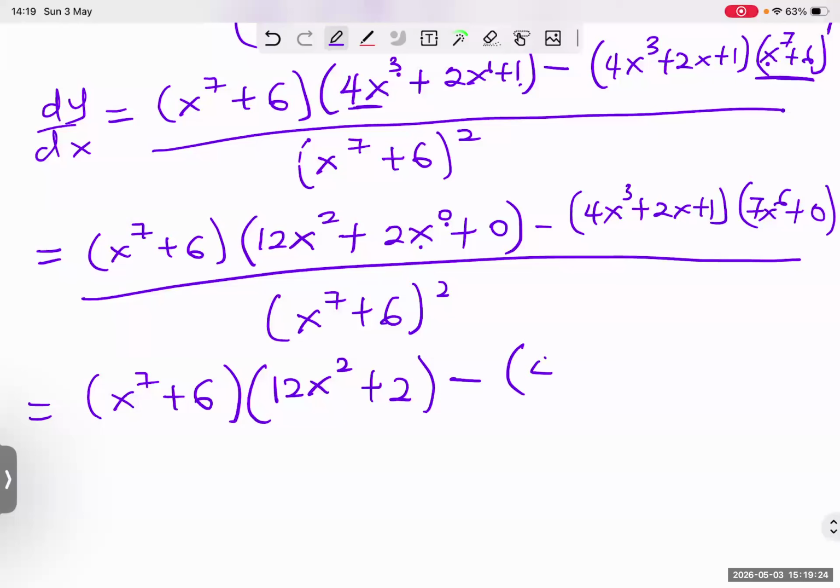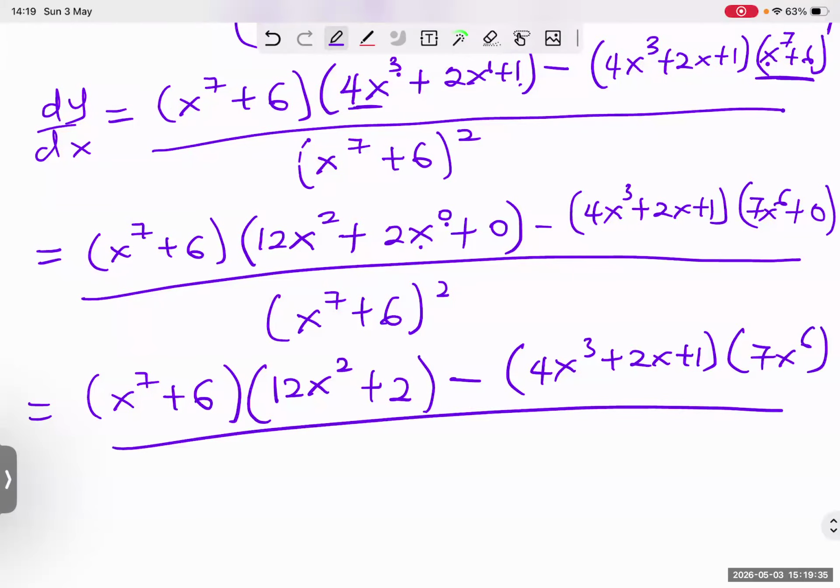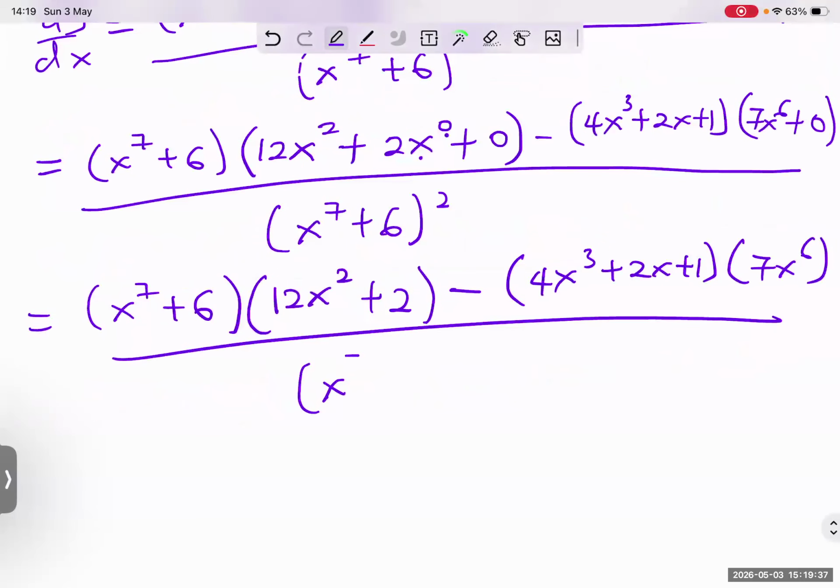Minus my 4x cubed plus 2x plus 1 into brackets. I have 7x raised to the power 6 all over x to the power 7 plus 6 all raised to the power 2. You can decide to leave the answer in this form, or you can decide to simplify it depending on how strong your algebra is.